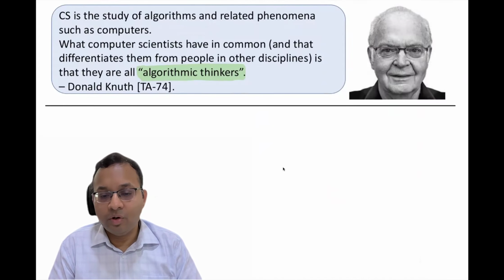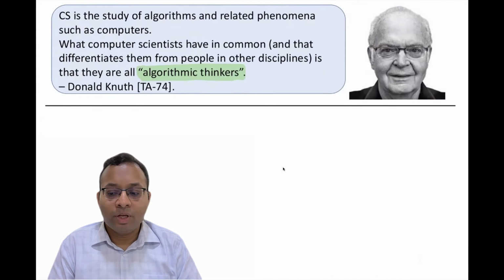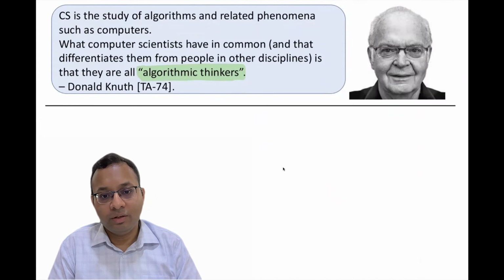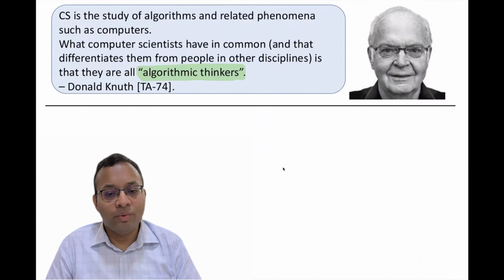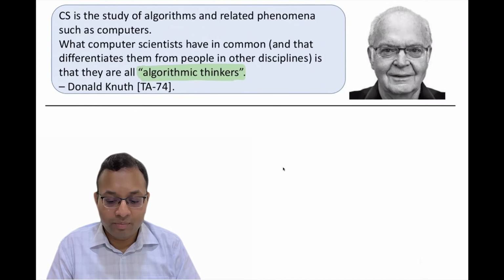I believe in this school of thought that computer scientists have a unique way of thinking, which is the algorithmic viewpoint, and that is what distinguishes computer scientists from other disciplines. As we know, modern day astronomy is little about the telescope. Similarly, modern day computer science is not only about a computer or PC, it's far beyond that. And we'll see some examples.